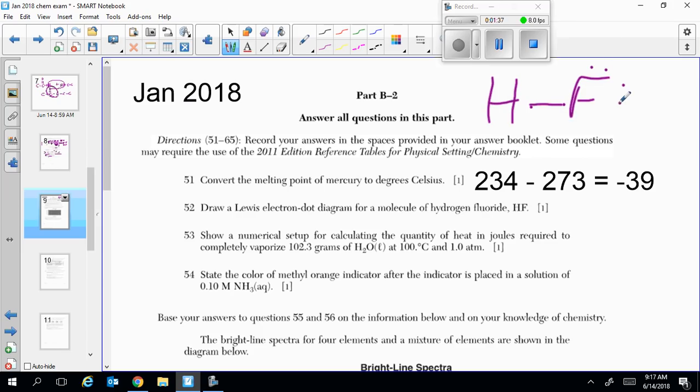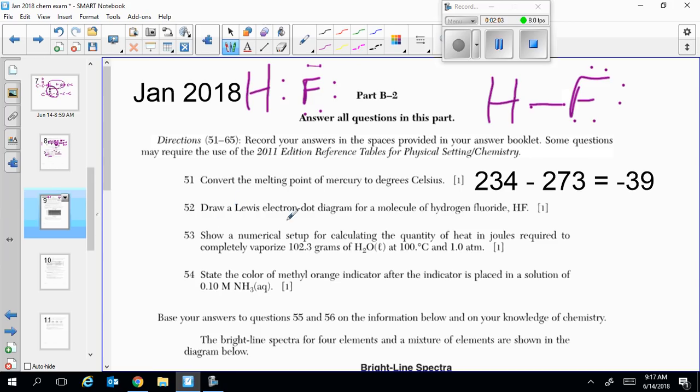Fluorine already had unshared pairs of electrons on the other sides. So I need to make sure that I show the 2 dots above, to the right, and to the bottom, as well as the line connecting HF. Or another way that you could do it is you could actually show the 2 dots, and then here are the 2 dots for those. This shouldn't be a line. Somehow with my finger it just made a line there.